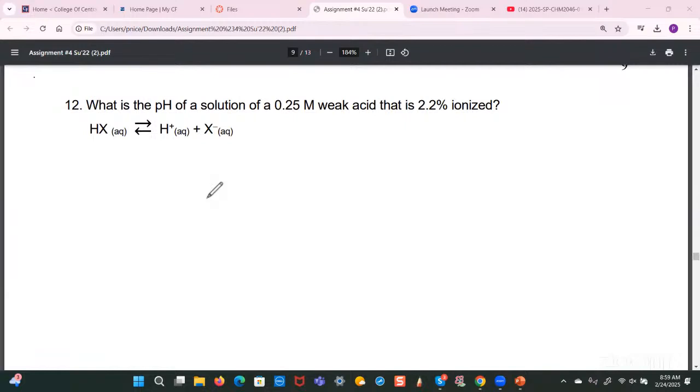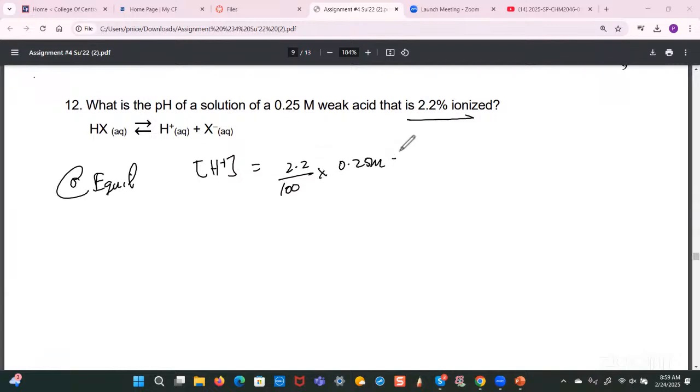Well, this one is actually rather easy, because whatever the amount of acid that dissociates here, the concentration of H plus would be the same. And they said that the acid is 2.2% ionized. So what I would find is the concentration of H plus at equilibrium. At equilibrium, the concentration of H plus would simply be equal to 2.2 over 100 multiplied by 0.25.